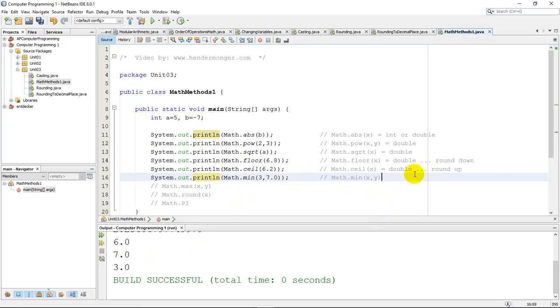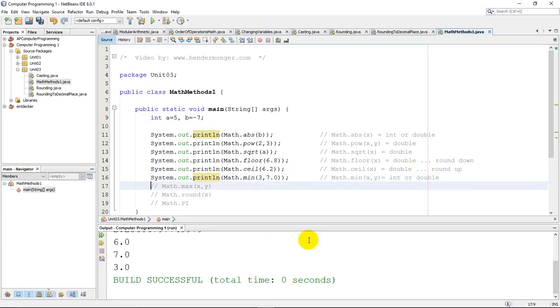So this min will return an int or a double, depending on what you give it. What min is doing is just telling you which is smaller. This is not a bad idea if you want to compare two numbers in your program and figure out which number is the smallest of the two.